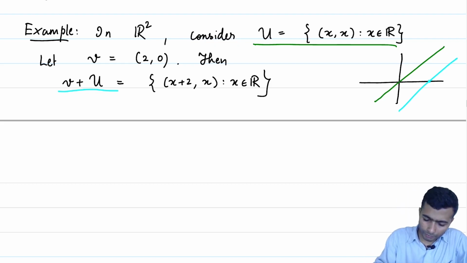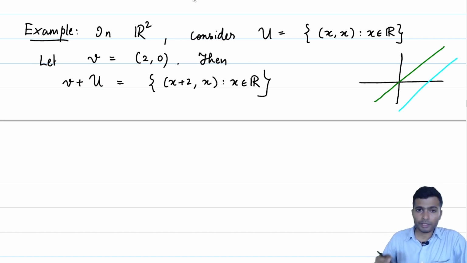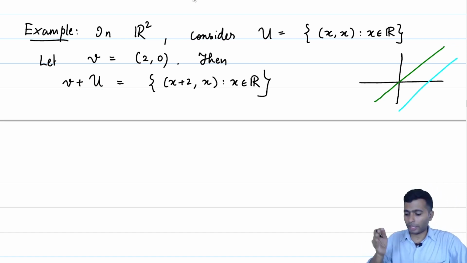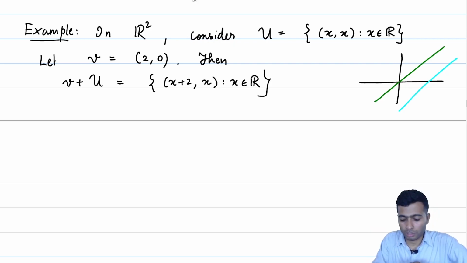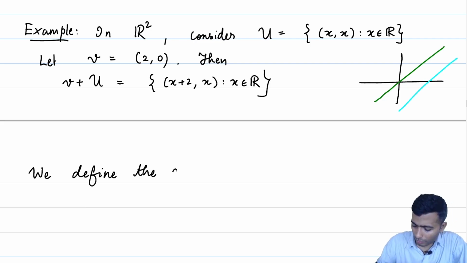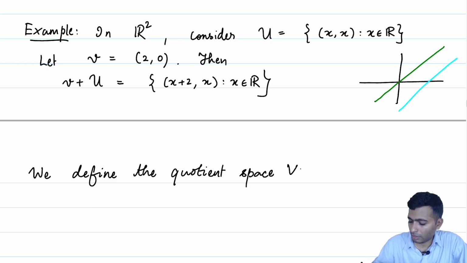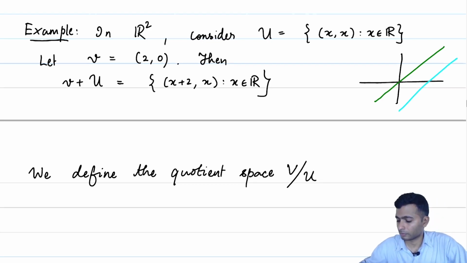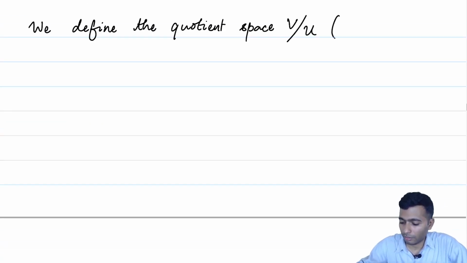Alright, so we define the quotient of V by U to be the collection of all such sets of the type v plus U. So we define the quotient space V modulo U. It's many times called V mod U in short.